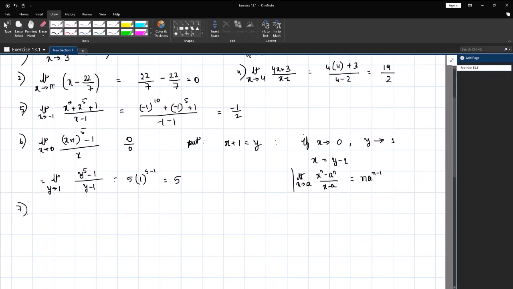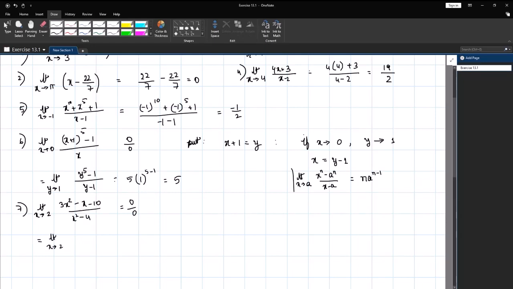Question 7, limit x tends to 2, 3x square minus x minus 10 divided by x square minus 4. So if we substitute, we'll get 0 by 0. So we'll have limit x tends to 2.